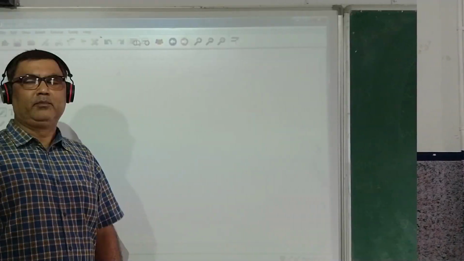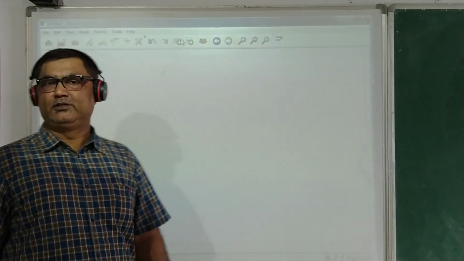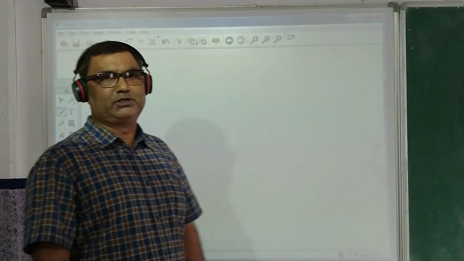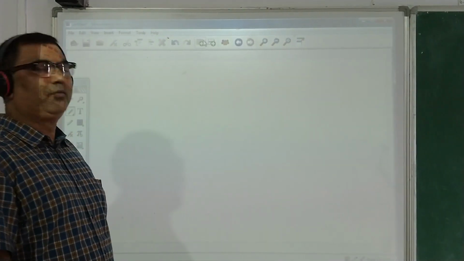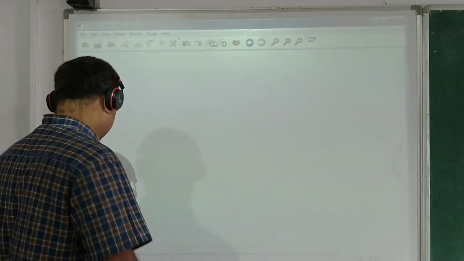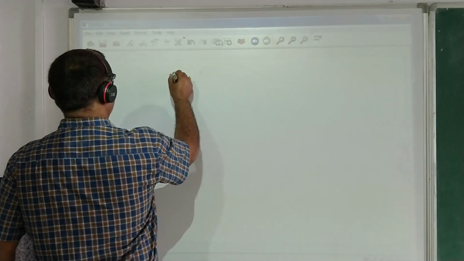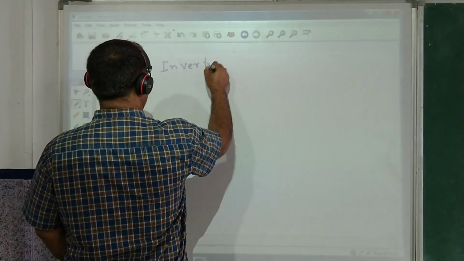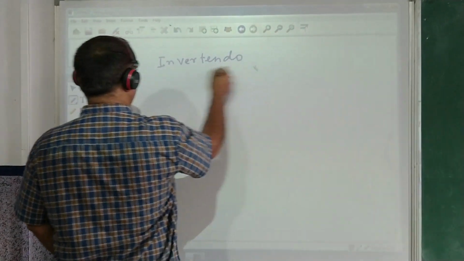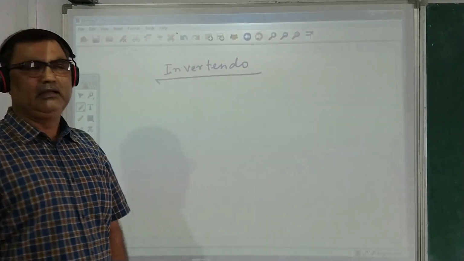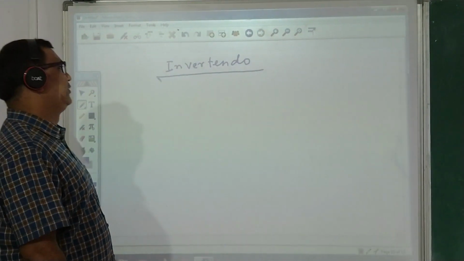Thank you. My dear, now I am going to discuss some important properties of proportion, some terms that are related to proportion. For example, the first term is invertendo. My dear, A, B, C, D are forming a proportion.